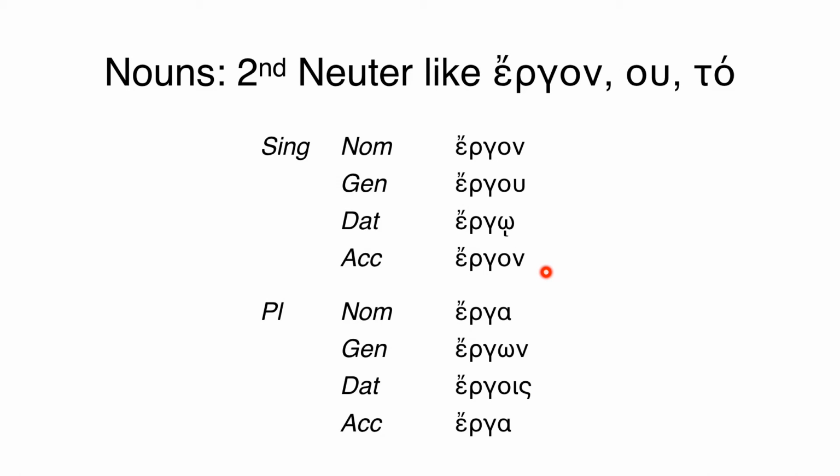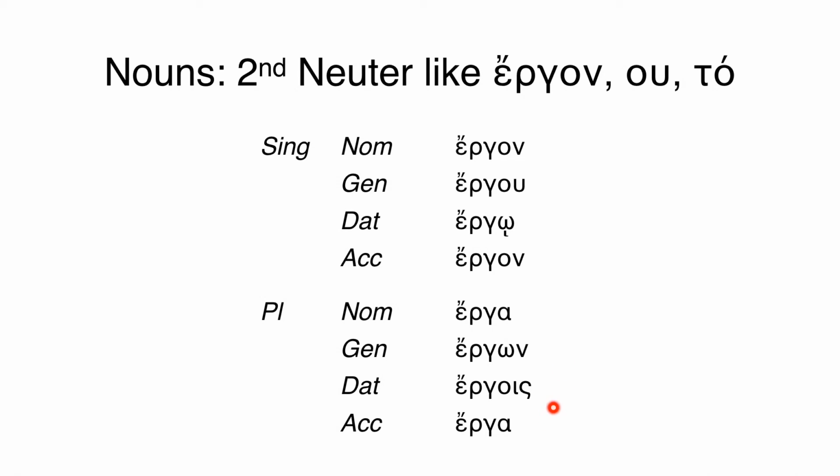Now the plurals. The neuter plural nominative form is erga with an alpha in the ending. The neuter plural genitive form is ergon with an omega and a nu ending. The neuter plural dative form is ergois with the Erasmian pronunciation. The neuter plural accusative ending is erga. Notice again the alpha, the ending is the same as the nominative.